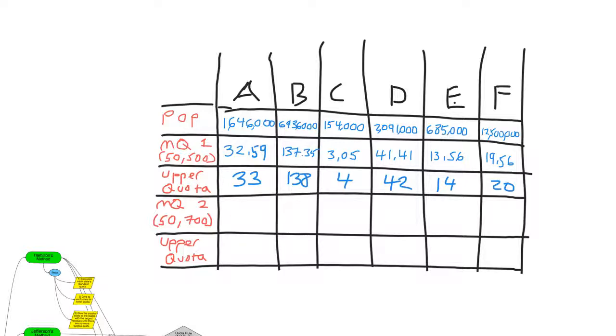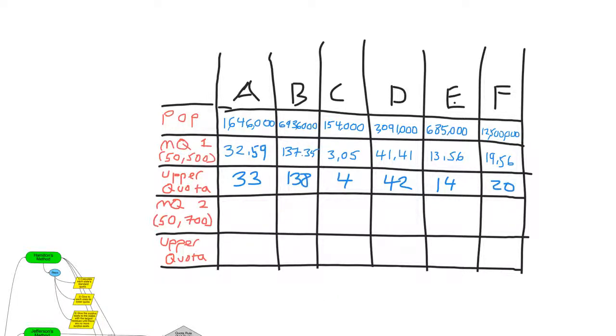Now, the modified quota in this row is based on choosing a divisor of 50,500. The old divisor used to be 50,000. So obviously, with this modified quota, we have bumped up the standard divisor so that it's a little bit larger. What that's going to result in is slightly smaller quotas.